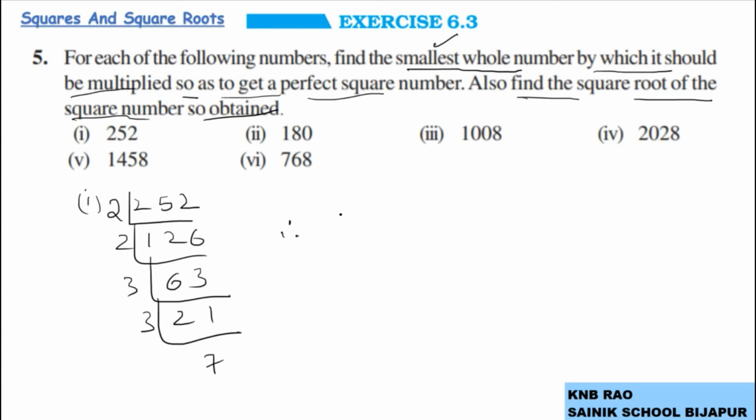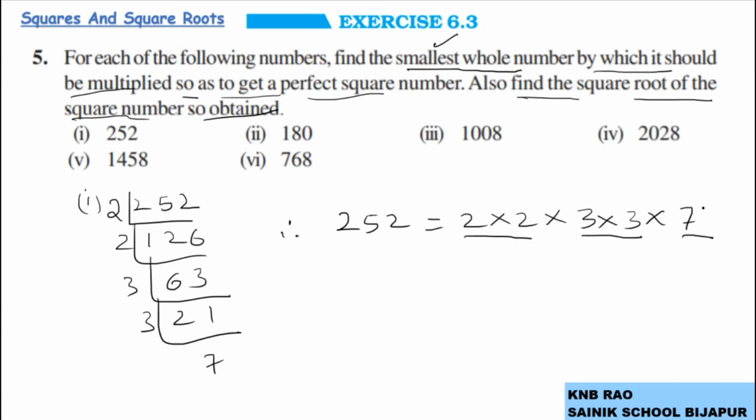Therefore 252 is the product of 2 into 2, 3 into 3 into 7, whereas in the prime factorization of 252 we have pairs of 2's and pairs of 3's, but there is no pair for 7.